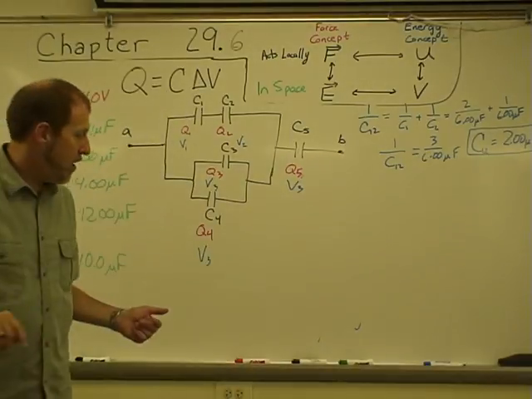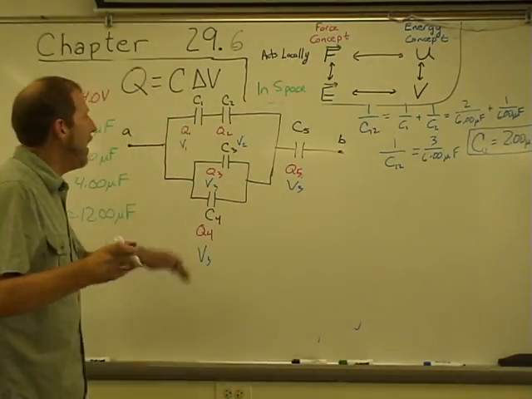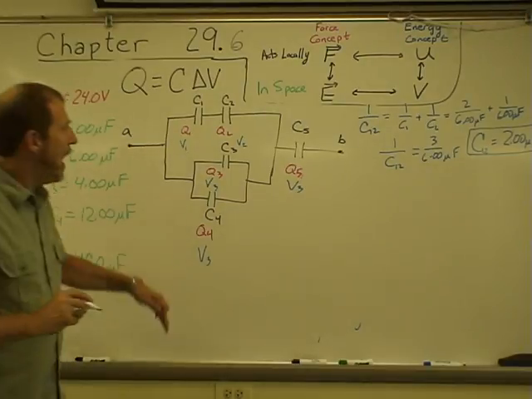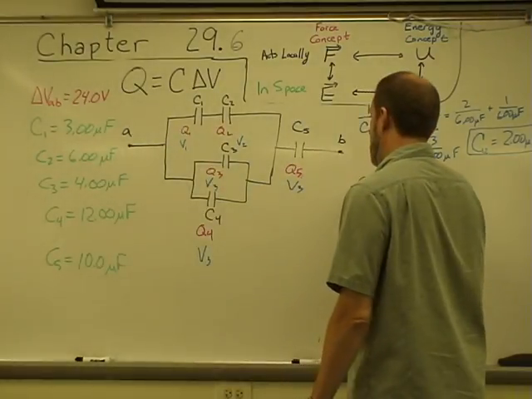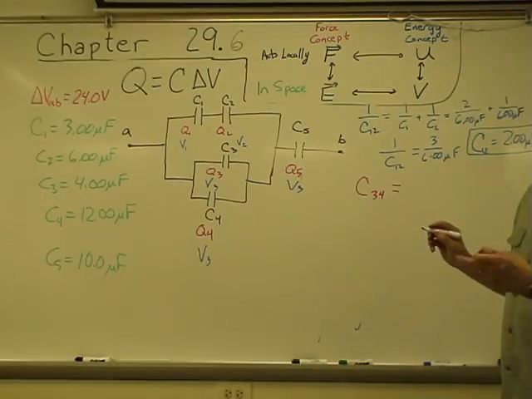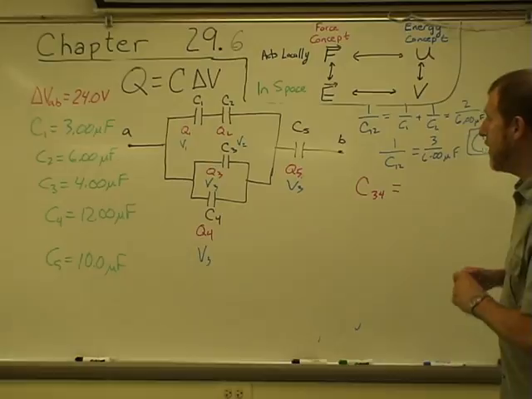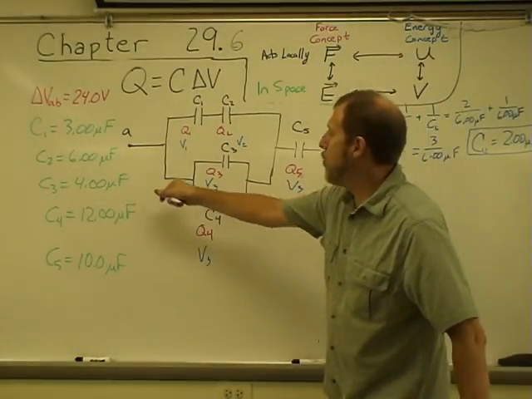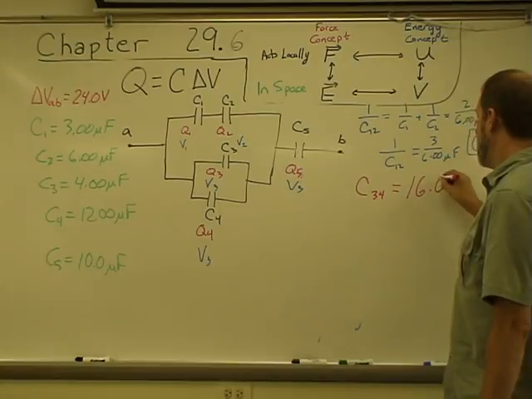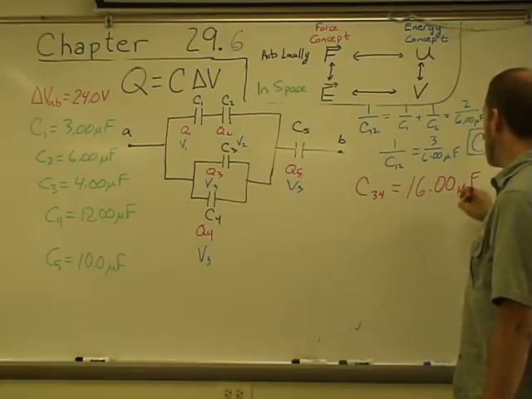Now, C3 and C4 are in parallel. In those cases, for parallel capacitors, the capacitances simply add. So, C3, 4, I hope I don't need to go through the details of addition. Those two together are 4 microfarads plus 12 microfarads, or 16 microfarads.